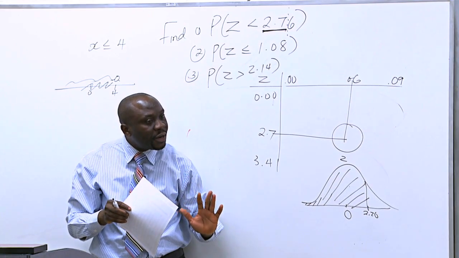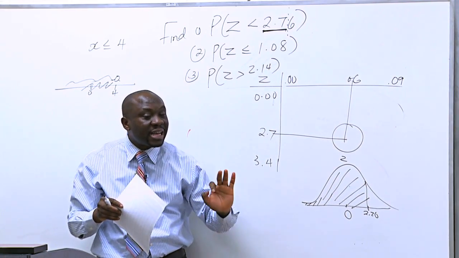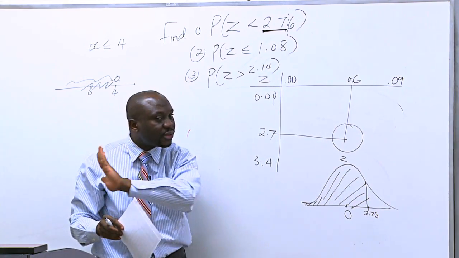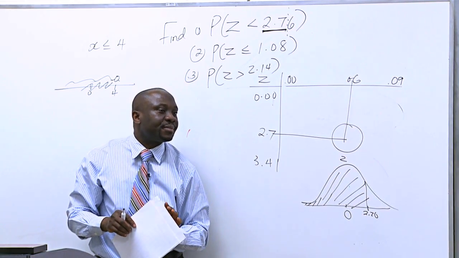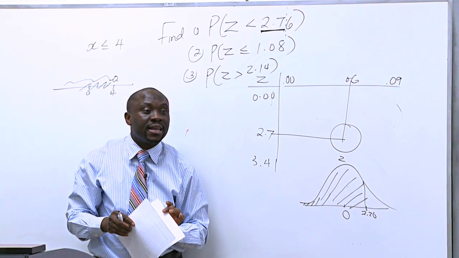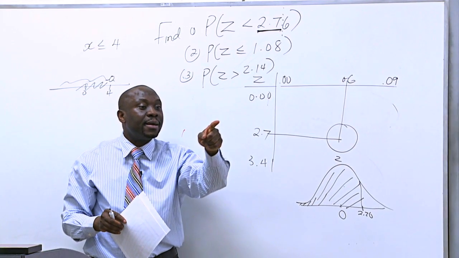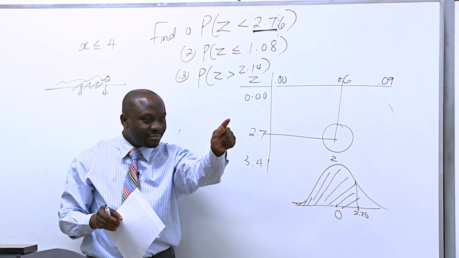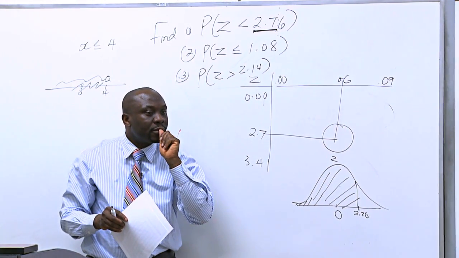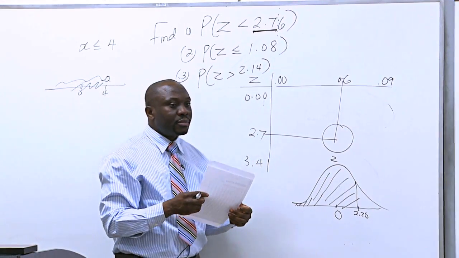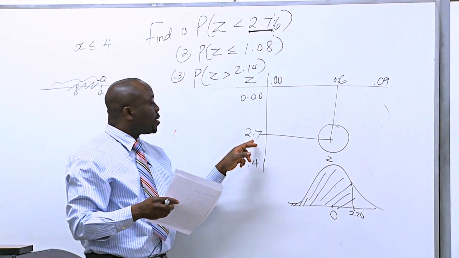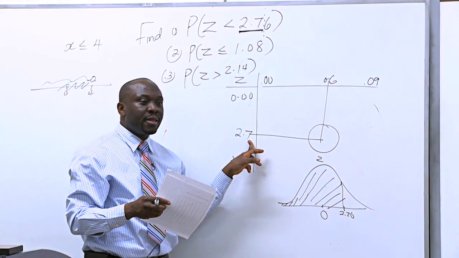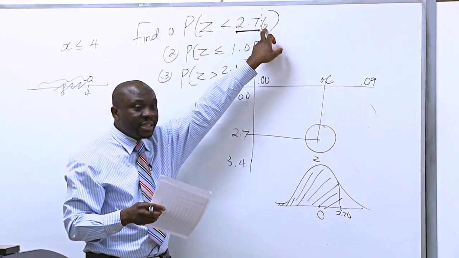We are learning how to find the probabilities under normal distribution. That is all we're doing. Yes, so that's the probability. Wait. Can you repeat why you went to 0.06 again on this part? I know you got 2.7. Then why did you go to 0.06? It is because we have the 6 over here.